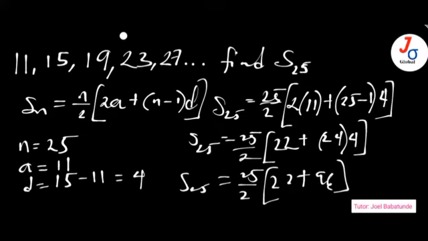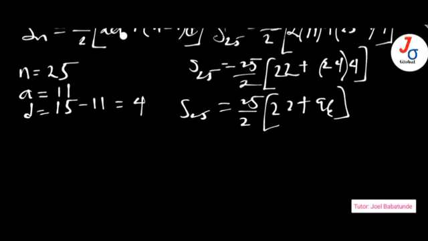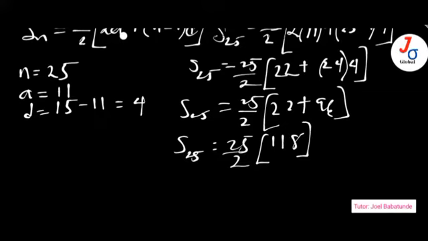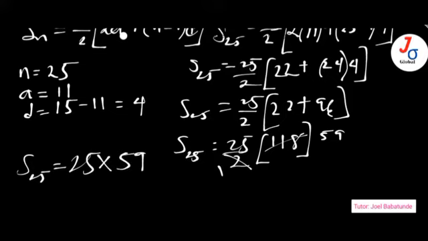Okay, good. The sum of 25 terms is 25 over 2 times 118, since 22 plus 96 gives us 118. 2 goes into 118 fifty-nine times, so we have 25 times 59, and that gives us 1475.